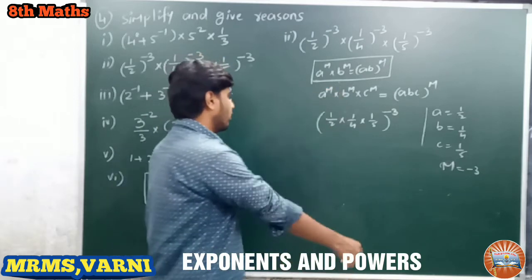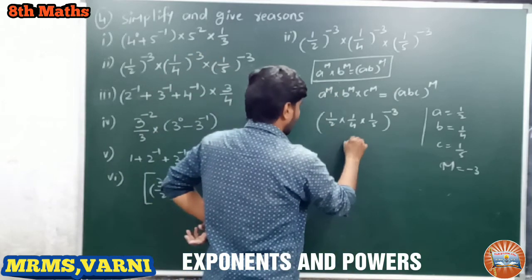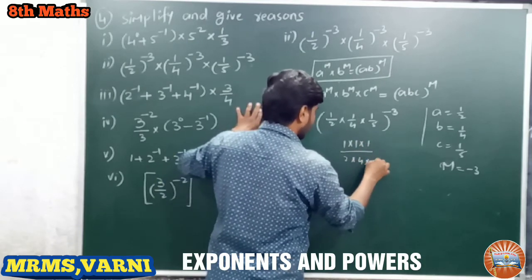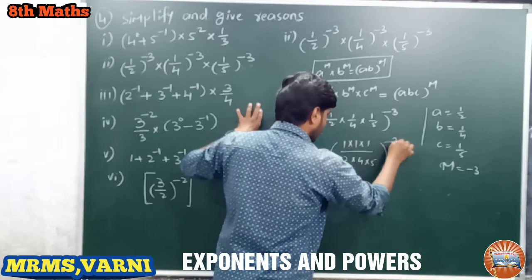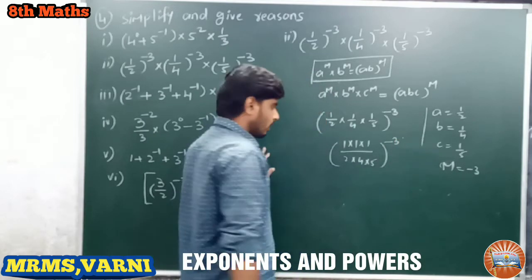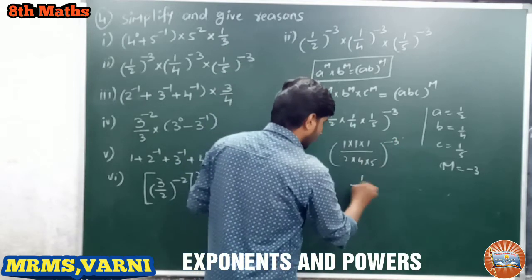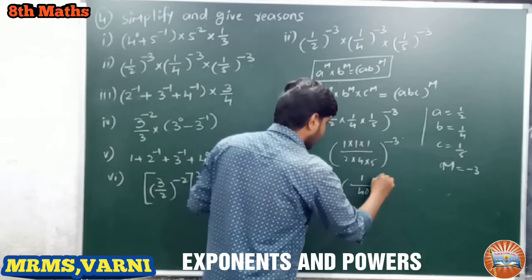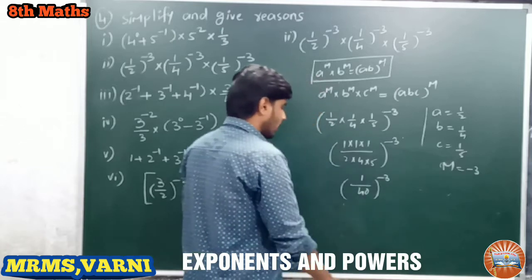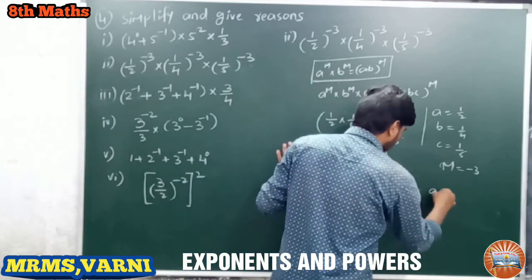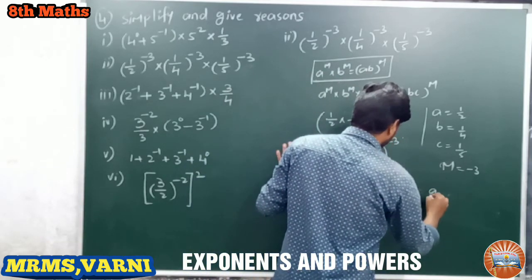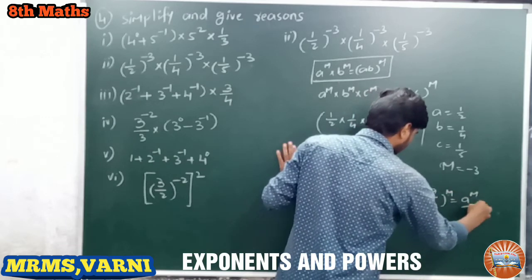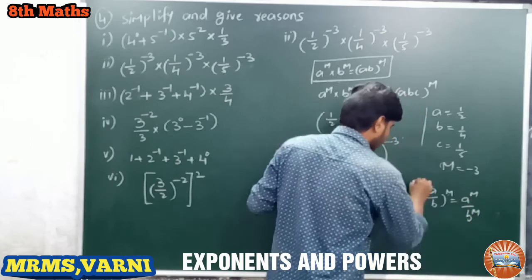Okay, what it becomes? 1 into 1 into 1 by 2 into 4 into 5 whole power minus 3 as it is. Okay, so what becomes? 1 into 1 into 1, 1 by 2 4s are 8, 8 5s are 40 whole power minus 3. Okay, next we have one more formula, a by b whole power m is equal to a power m by b power m.